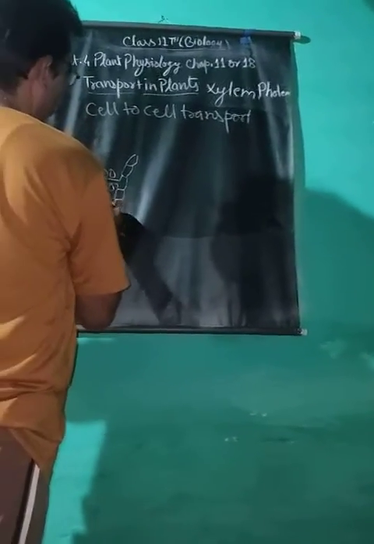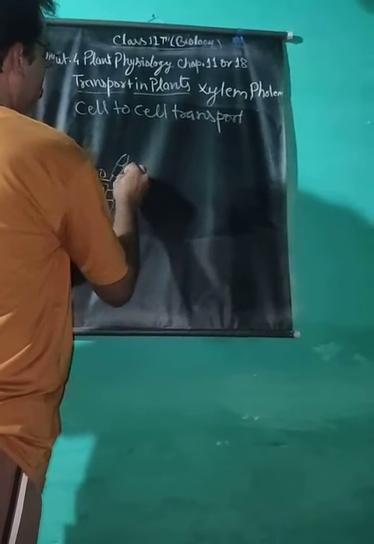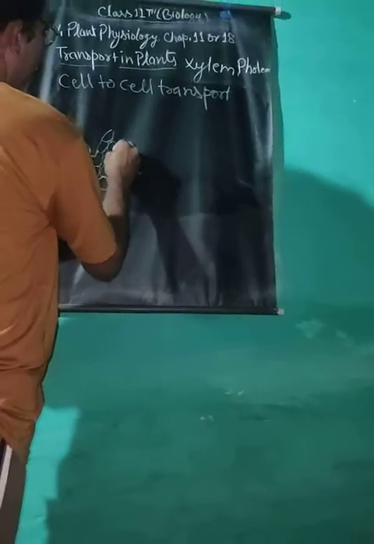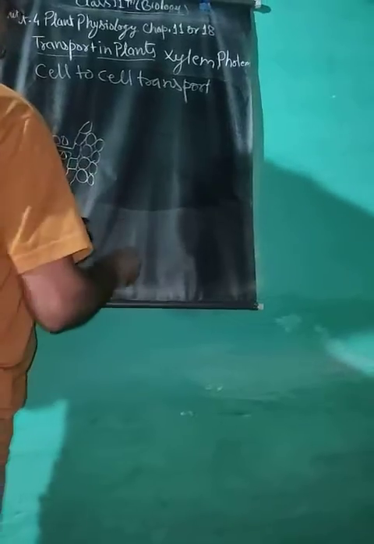Water absorbed by root hairs goes to epidermal cells or epidermal layers, from where it is transported to the cortical layers, cortex to endodermis, pericycle, then enters the vascular bundles, from where it goes to xylem, and through xylem, trachea and vessels it is transported upwards.